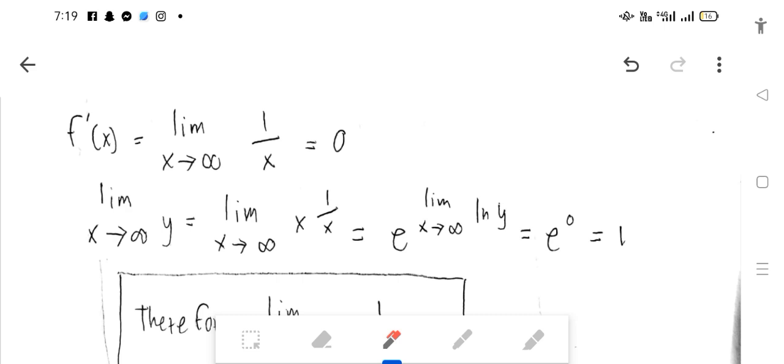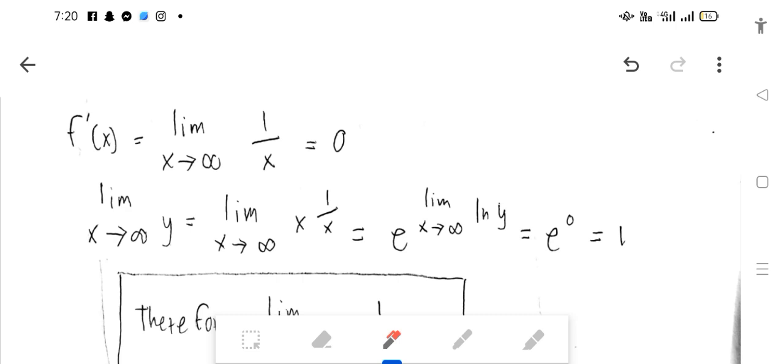In solving this type of problem, we have to remember that the limit of x raised to 1 over x as x approaches infinity is equal to e raised to the limit of the function ln y as x approaches infinity.